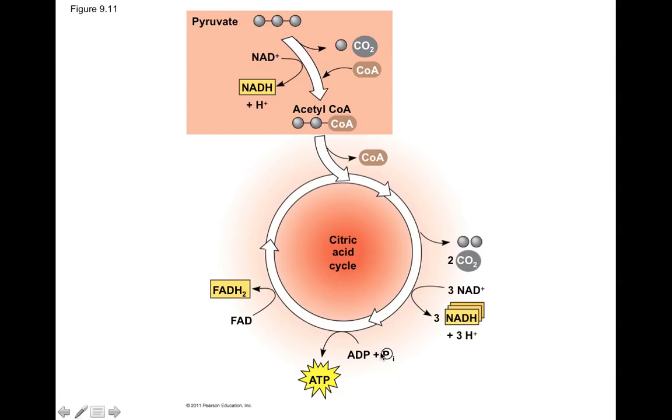We're going to produce 1 molecule of ATP by substrate level phosphorylation. We're also going to produce a molecule of FADH2 from FAD, which is another electron bus. The electrons that go on to FAD have a little bit less potential energy. But that's what we get from the citric acid cycle.